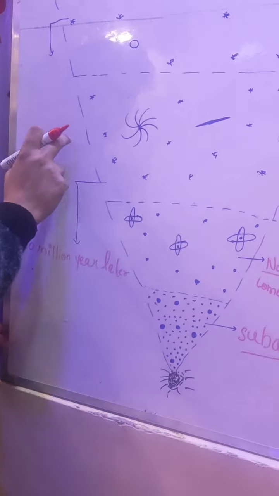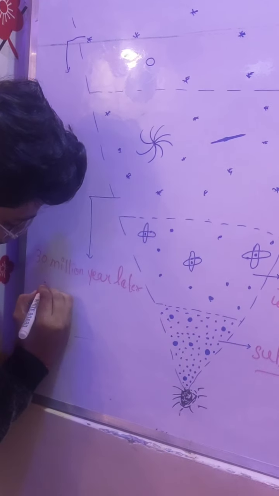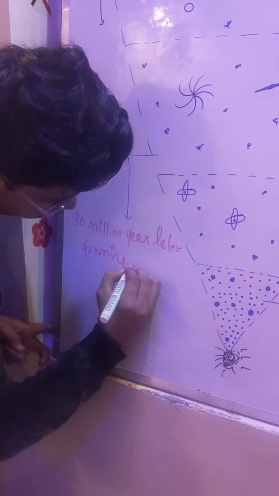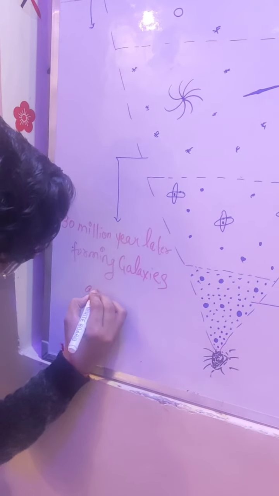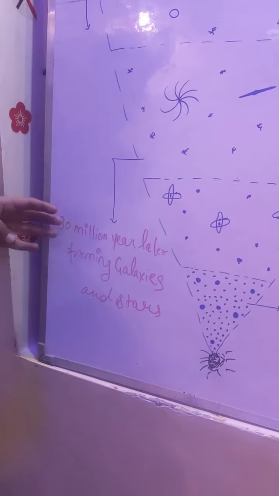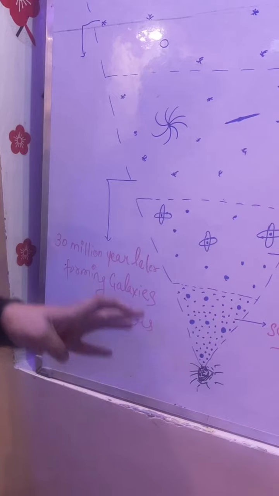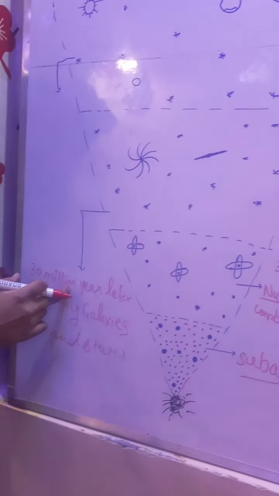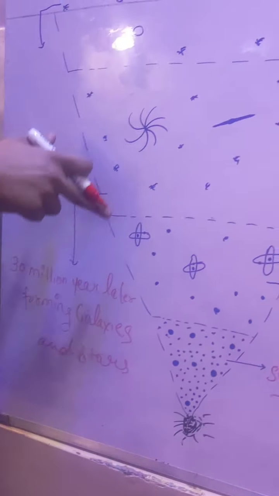This is your galaxies and stars. After 30 million years, stars and galaxies form.